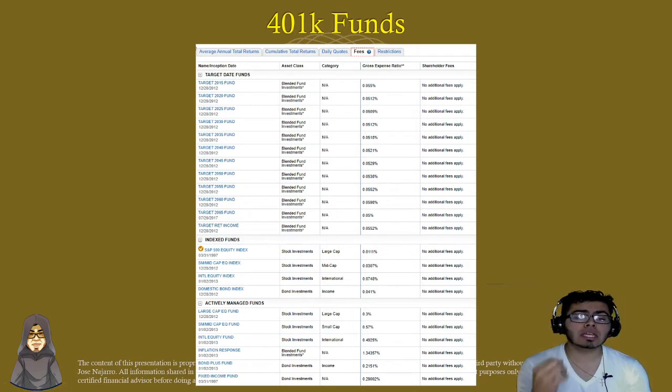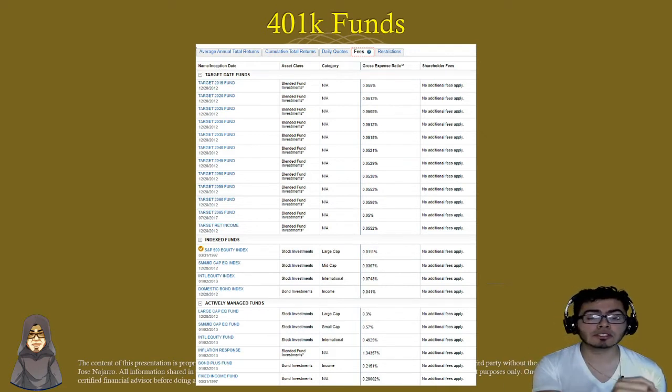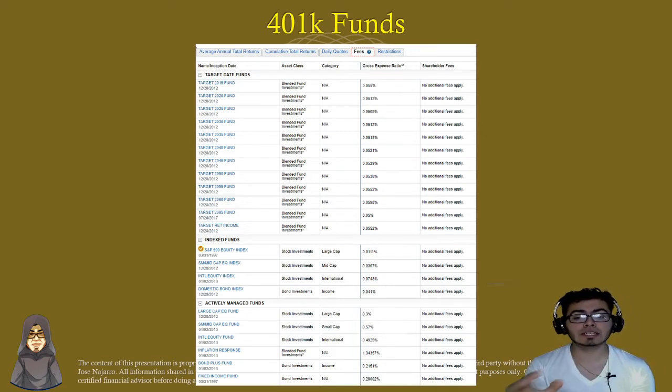I was actually looking at my previous company, where the gross expense ratios for target date funds were a lot more expensive, so I was glad to see 0.05 here. I remember at my old company the target funds were 0.5. There was no zero after the point, whereas here there is, and that makes a big difference.